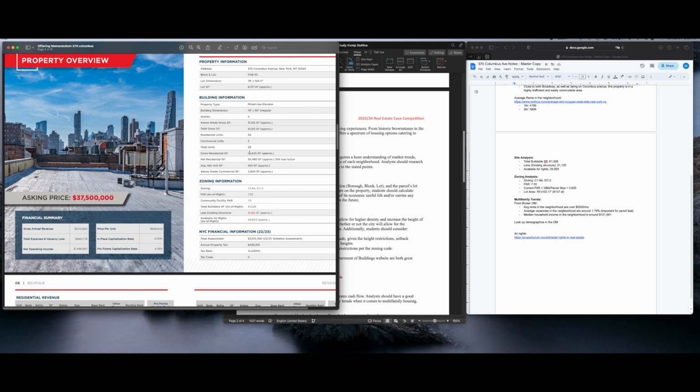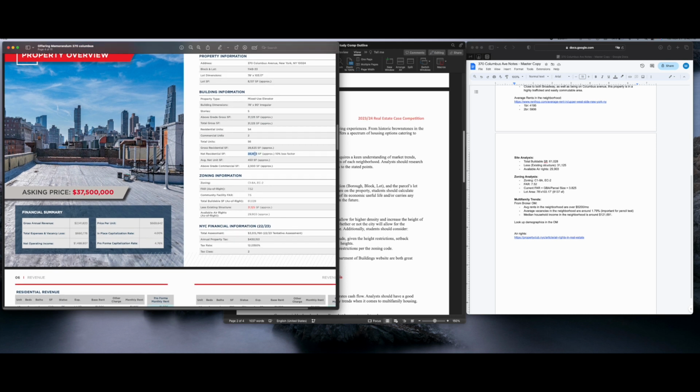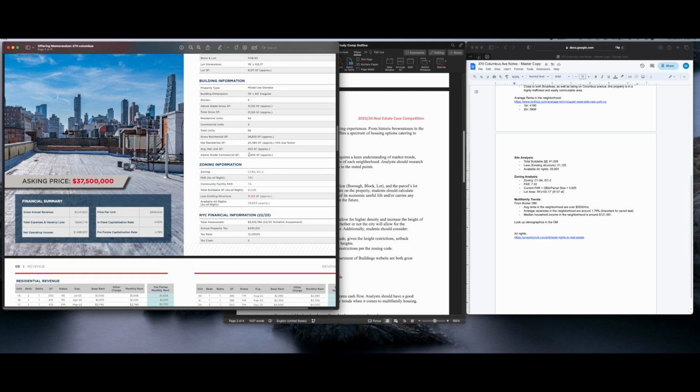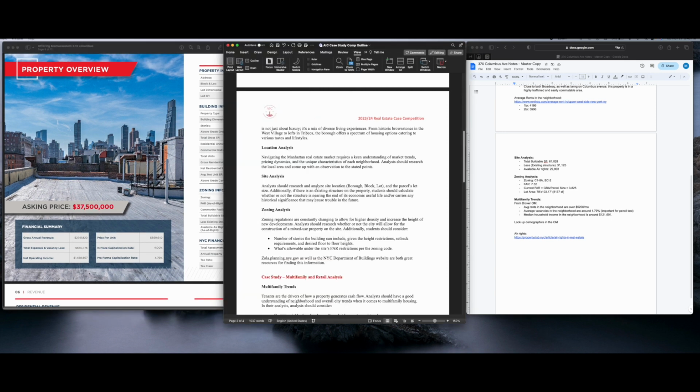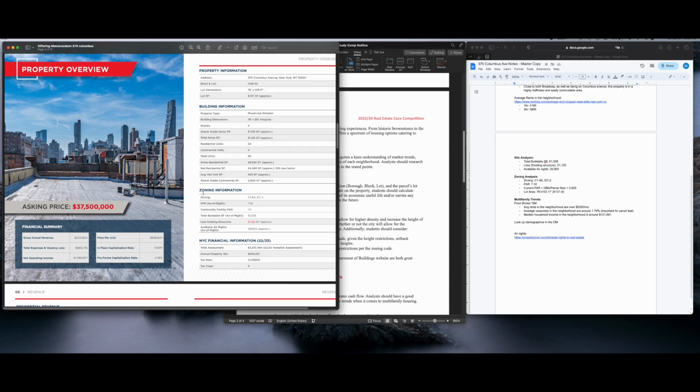So this would be the square footage of everything above the commercial tenants. And then the net residential square footage, this is the sum of the square footage of all of the income generating units on the property. Take note of this. And then, yeah, that's basically what you have to do for a site analysis.